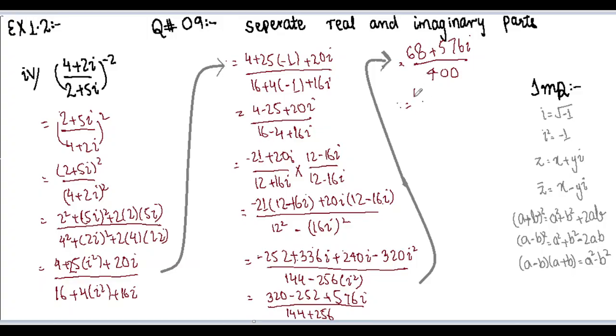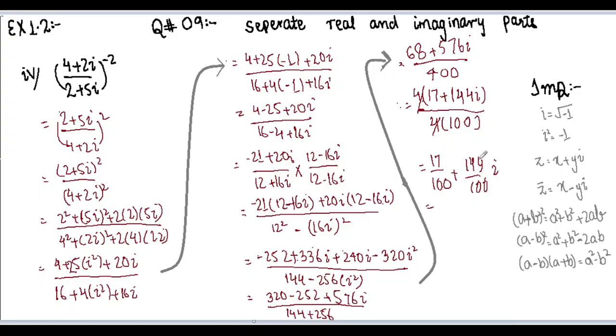So we are going to take 4 as common, and within it becomes 17 plus 144i, divided by 4 into 100 becomes 400. So 4 and 4 are cancelled, and we get 17/100 plus 144/100 i.